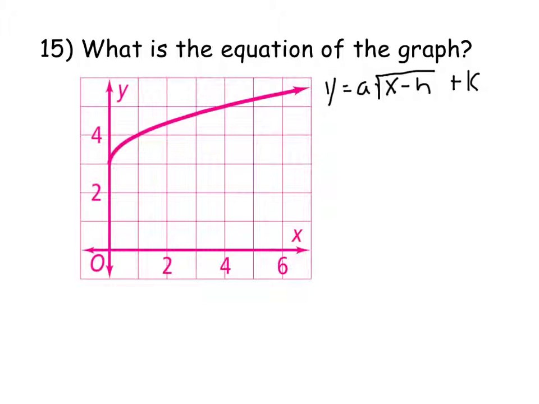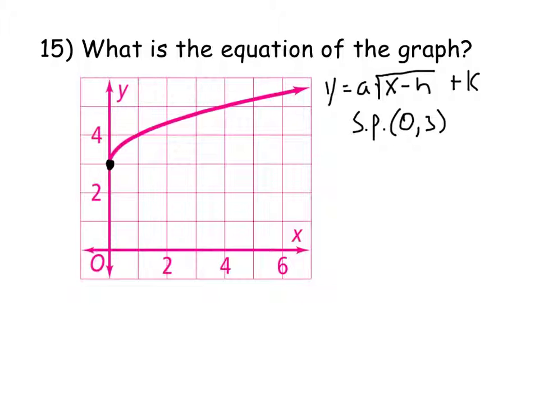Well, h and k are given to us by the starting point. What are the coordinates of our starting point? (0, 3). There's our h and our k.